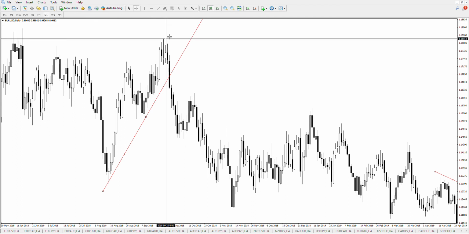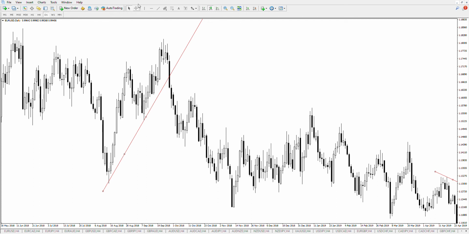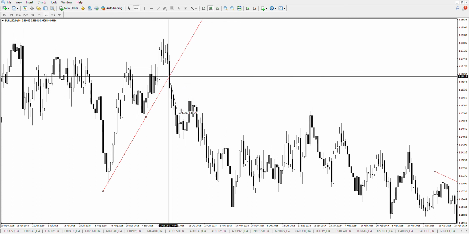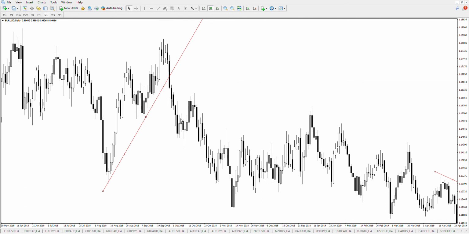We can measure even from the shadow, but safer from the close. And you have 165 pips, and you project 165 pips, which takes you somewhere here, you see, and it's immediate. Good projection, you see, it worked out well, and price pulled back immediately after it reached the target.